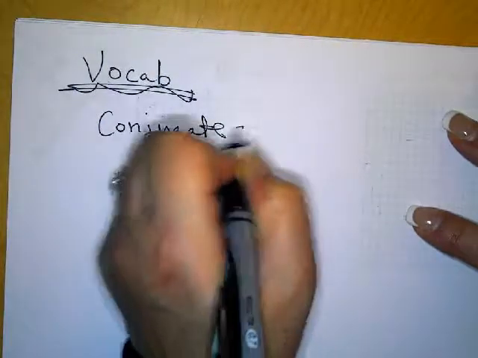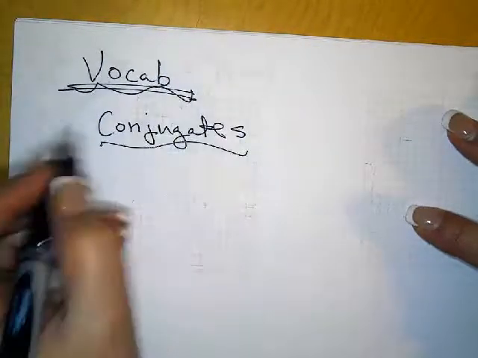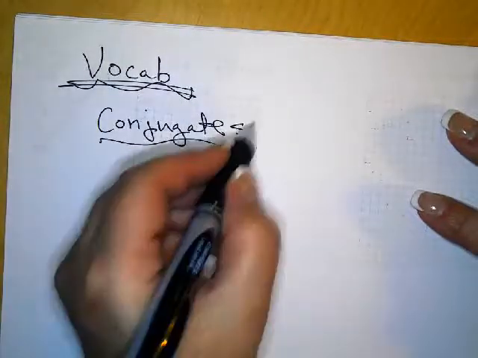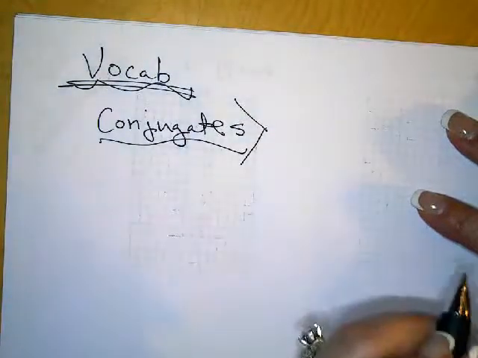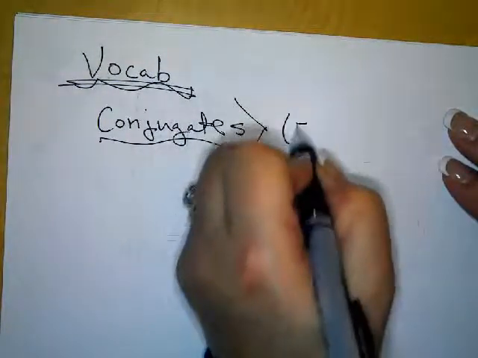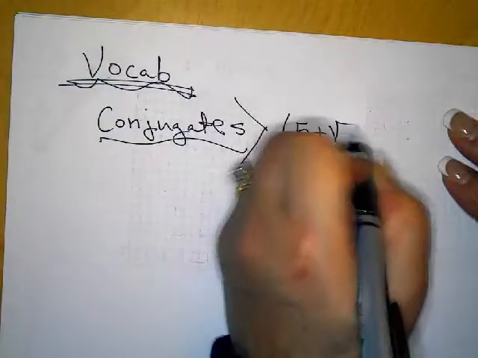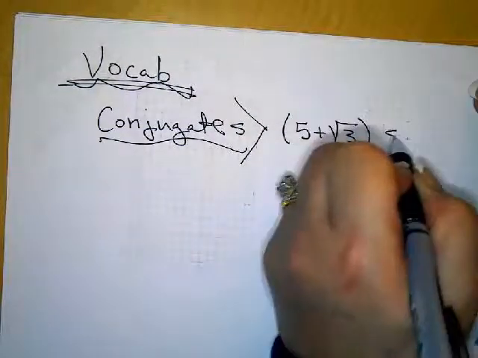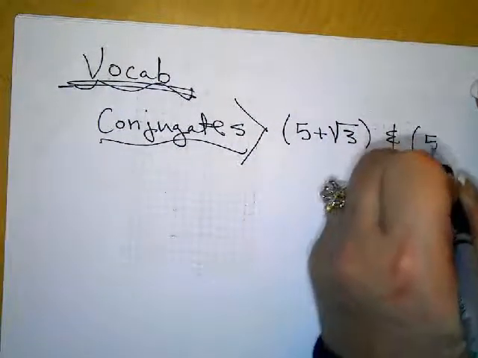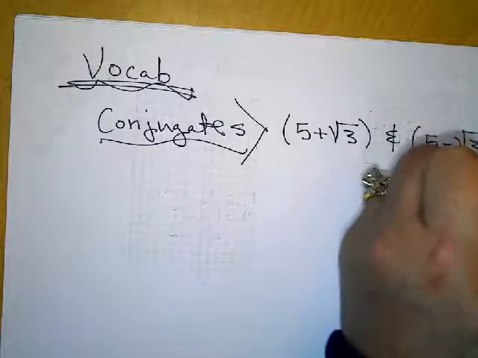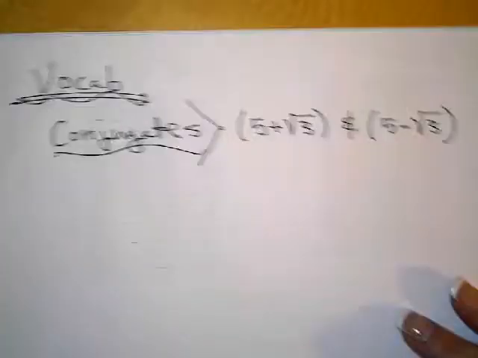And they give us a little example, and they say an example of conjugates is 5 plus square root of 3 and 5 minus square root of 3. Well, that looks kind of familiar. We've done a little bit with conjugates. We just didn't call them conjugates.